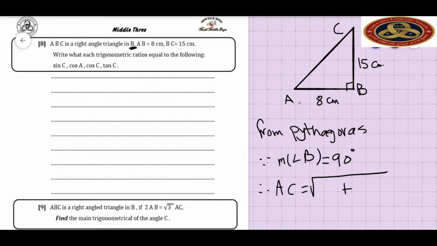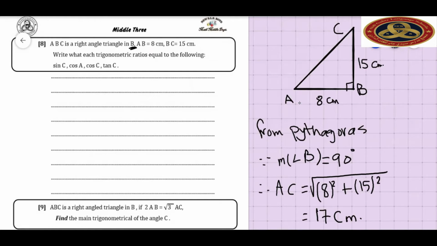It will be AB power 2, meaning 8 power 2, plus 15 power 2. You can calculate it. Who got the result? Excellent. It will be 17 centimeters. This is the first step.